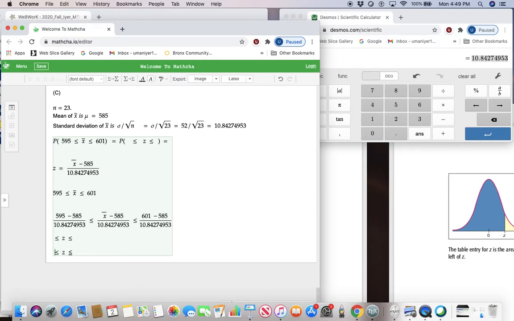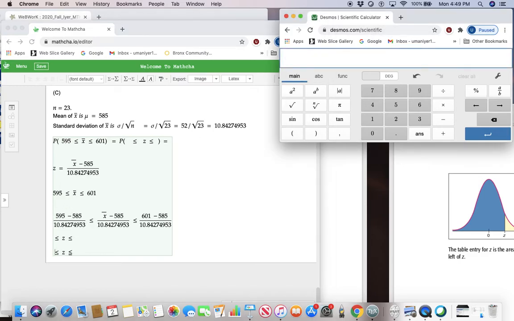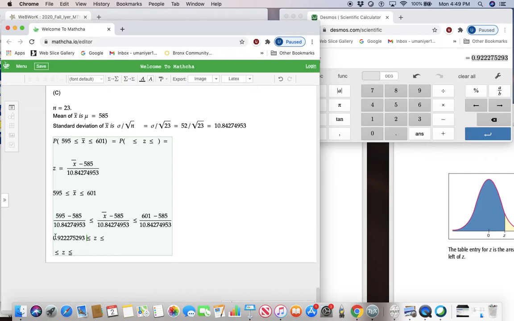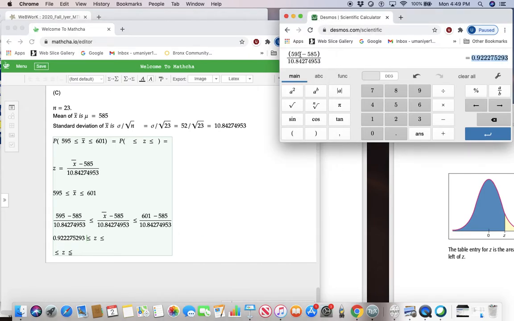Okay, so let's figure out what these numbers are. Something divided by, let's read this off, 10.84274953. What goes inside is 595 minus 585. So I get that as my first number, and with 601 here, that as my second number.